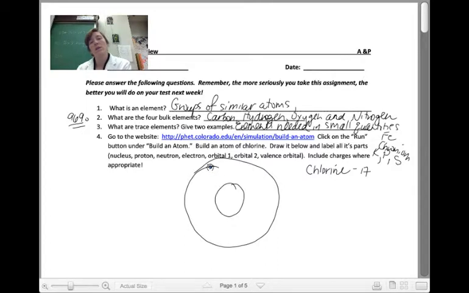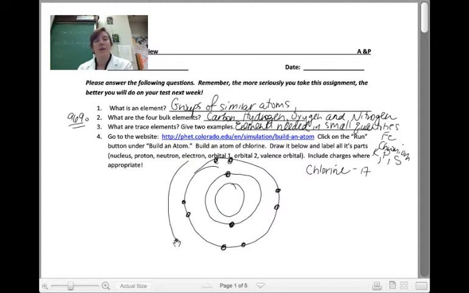And so when we go to fill in the electrons for this atom of chlorine, we need to fill in 2 electrons in the first shell because that's how many the first shell can hold. We can fill in 8 in the second shell. That makes 10.